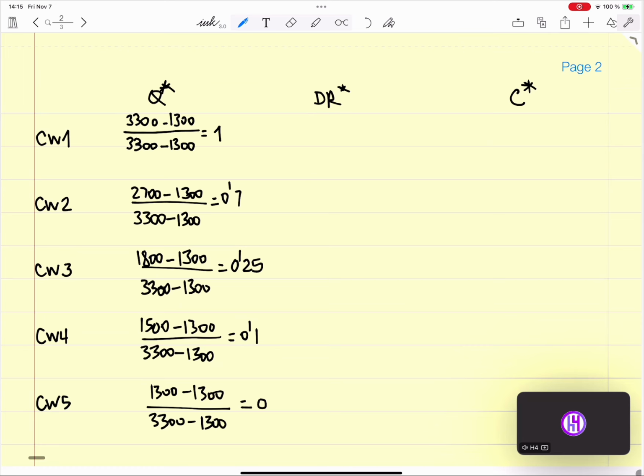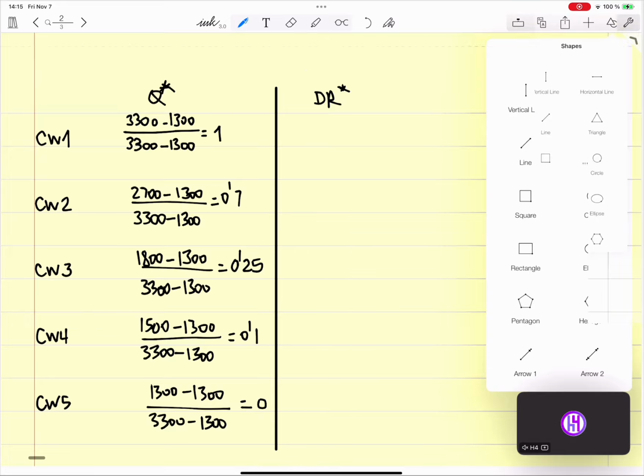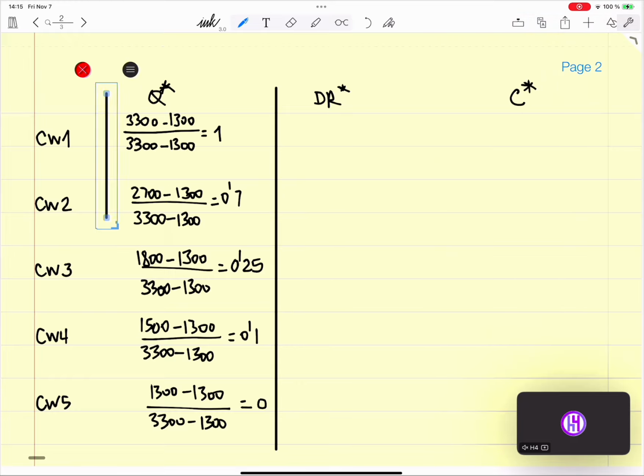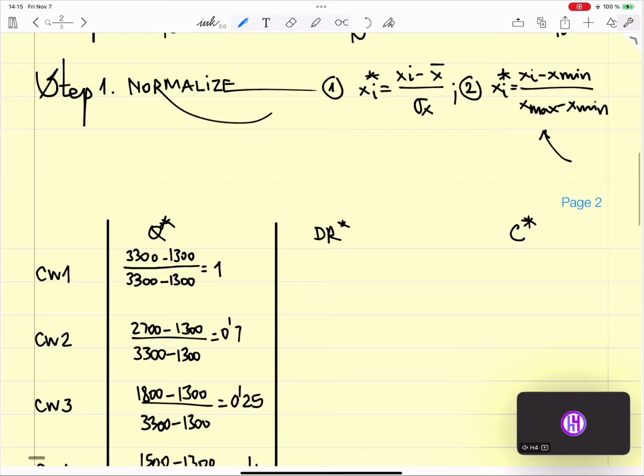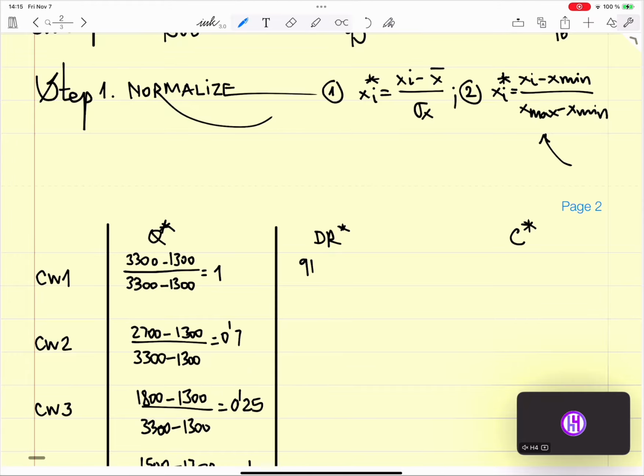You see, this method of normalization takes all the data between 1 and 0, and the maximum value is transformed into 1, the minimum value is transformed into 0. Okay, we perform the same for the others. 91 minus 89 divided by 95 minus 89. This delivers 0.33. Then 93 minus 89 divided by 95 minus 89.